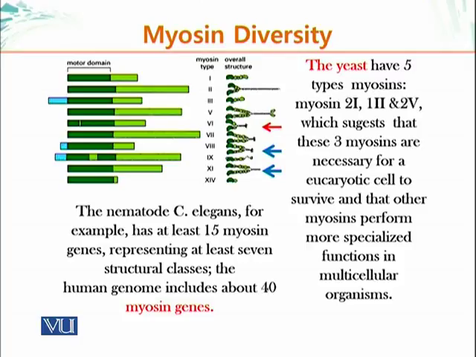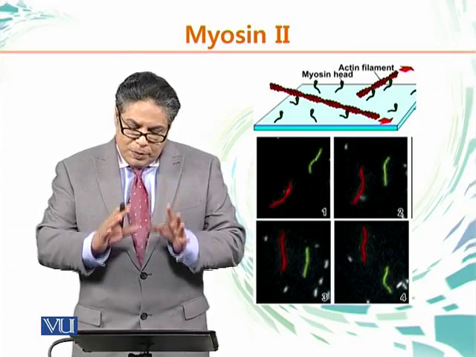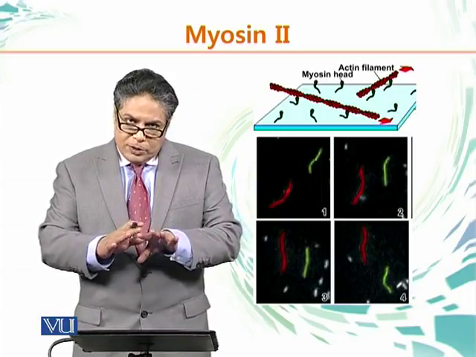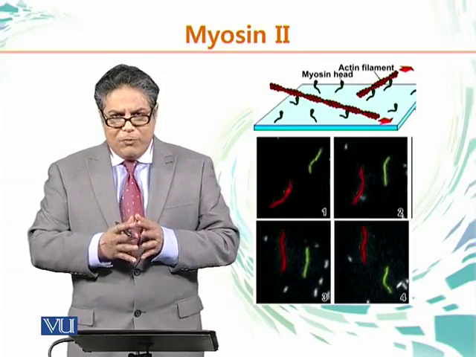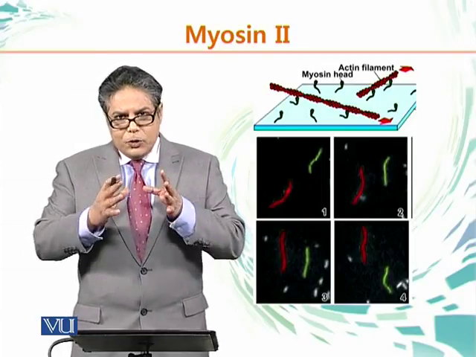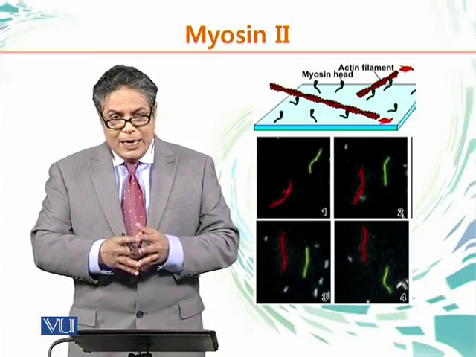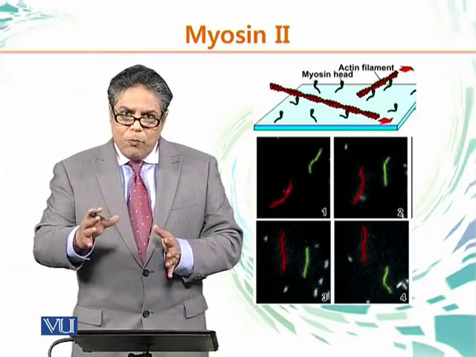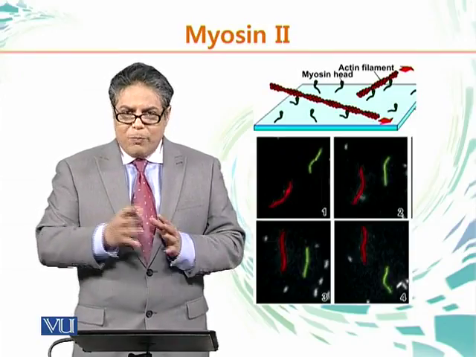Now let me show you a little experiment. You have heads of myosin attached to a stable, solid structure. It could be a glass slide, for example. If you add actin filaments and ATP to this container, this results in movement of actin filaments gliding along the heads of myosin.